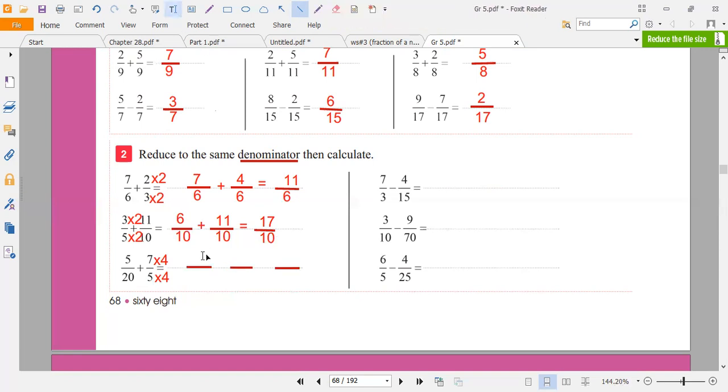Now 5/20 does not change, plus 7 times 4, 28. 5 times 4, 20. Now they have the same denominator, so we add the numerators and we keep the denominator. 5 plus 28, 33.